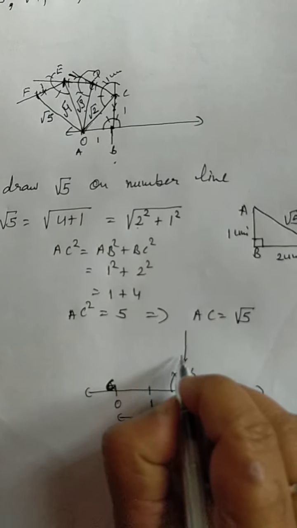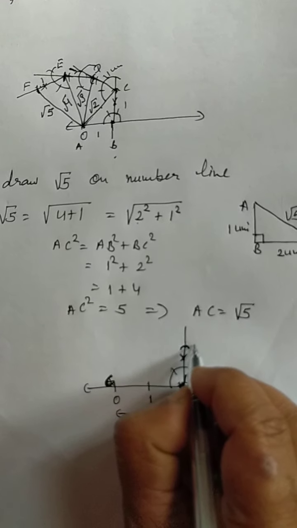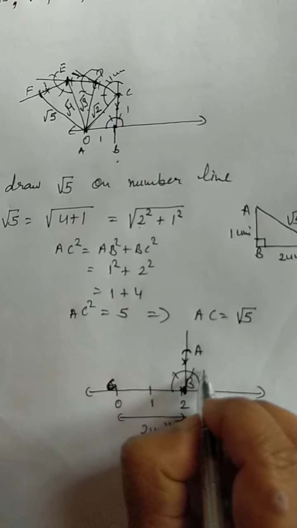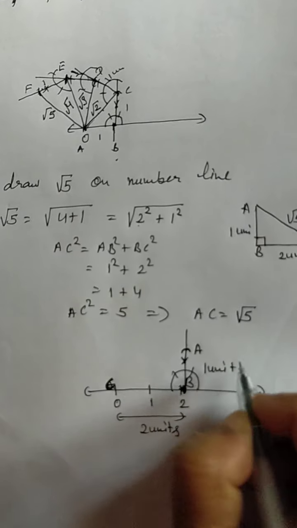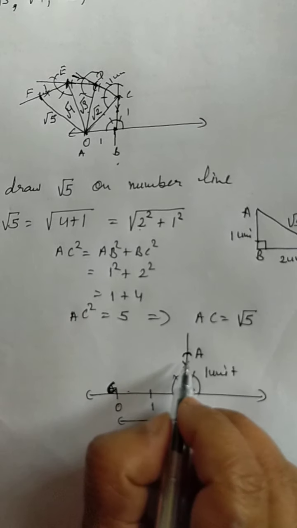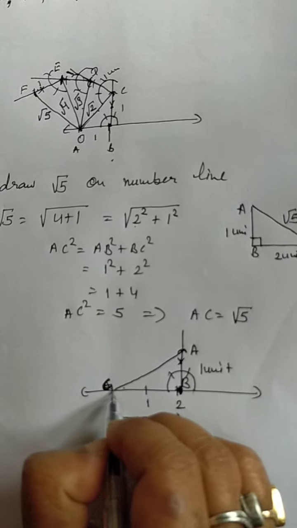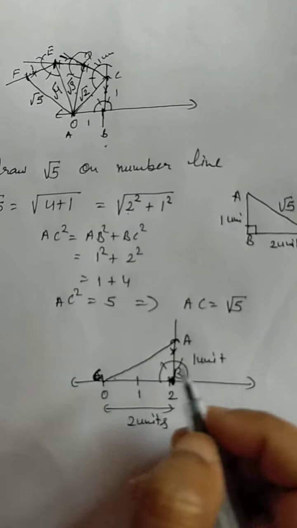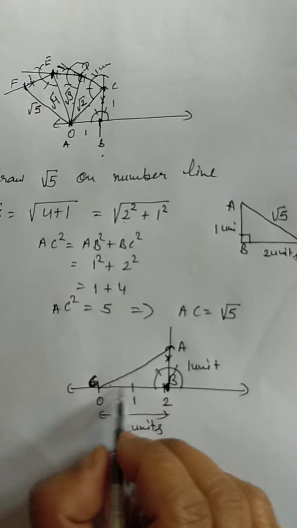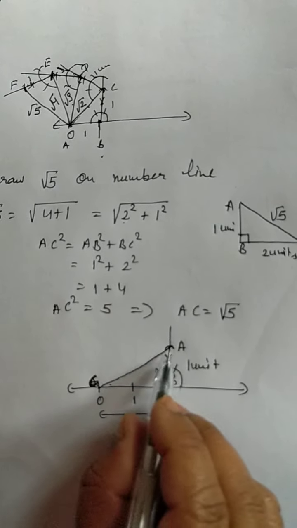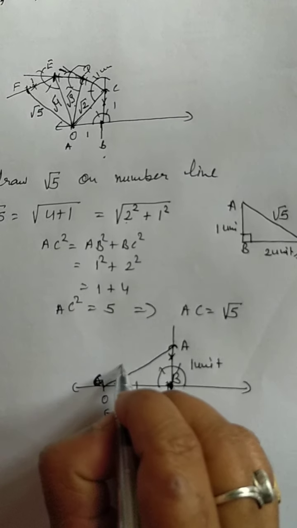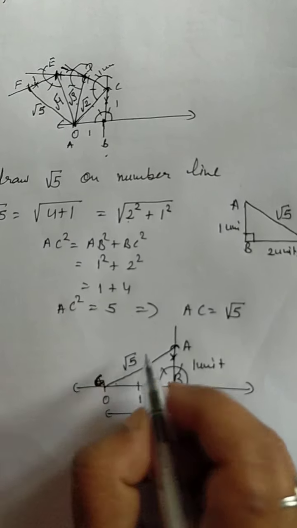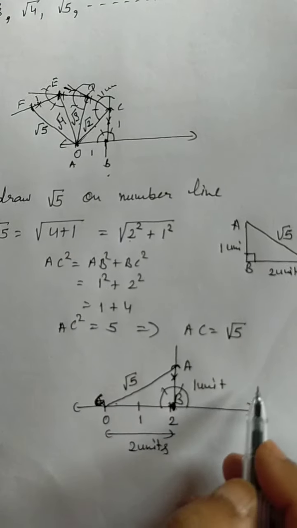So equal to 1 unit you mark an arc. Suppose this point is A and this AB is 1 unit. From C to B it is 2 units. You join A to C. Now this is your right angle triangle in which base is 2 units, perpendicular is 1 unit, so hypotenuse will be square root 5 units by applying Pythagoras theorem.